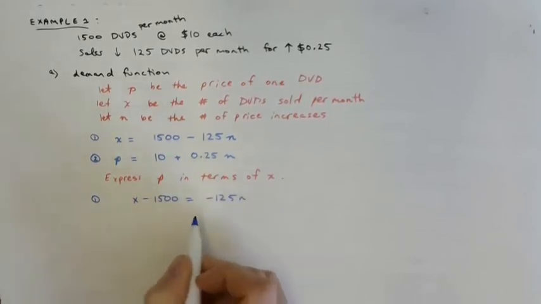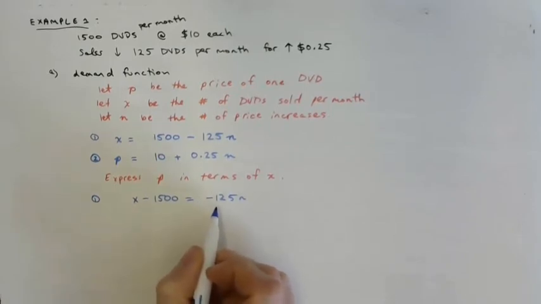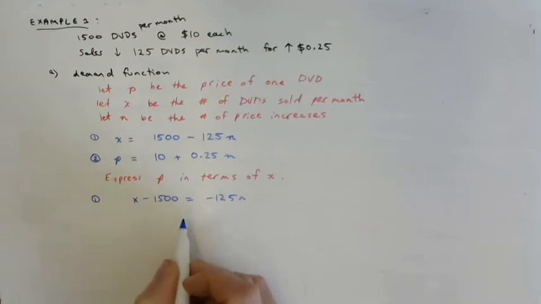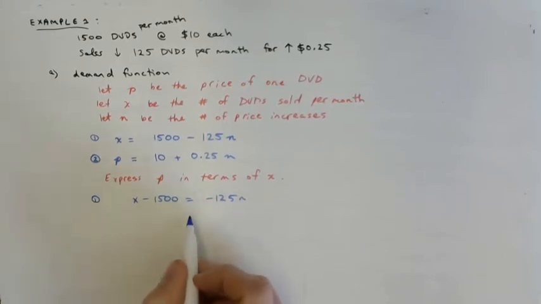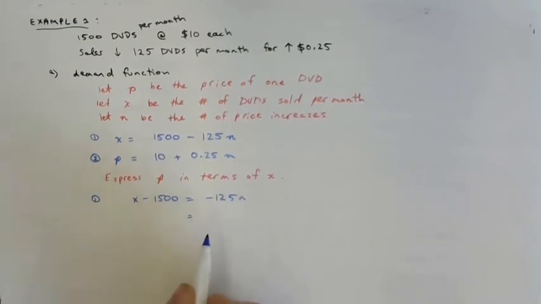And then we can divide both sides by negative 125. Or what we can do first, and I'll just do it 2 in 1 steps, because we don't want to have a negative in the denominator, I'm going to actually multiply both sides by negative 1.